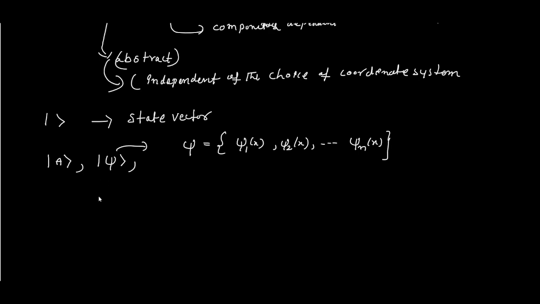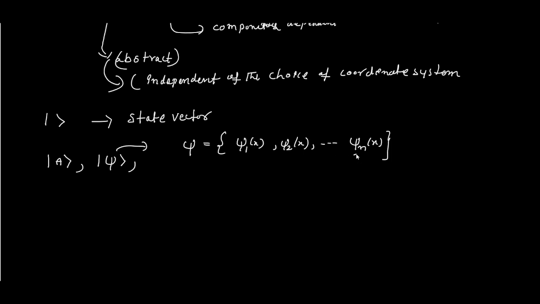Then I'm going to take different forms in different representations to distinguish the ket vectors corresponding to the different states. So here the different states are there.